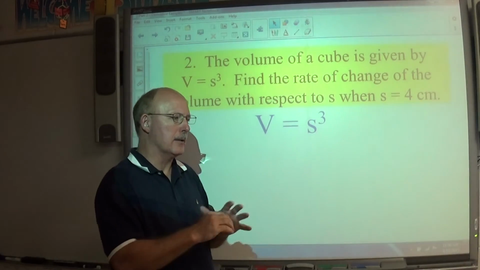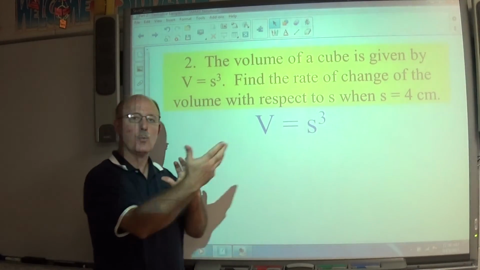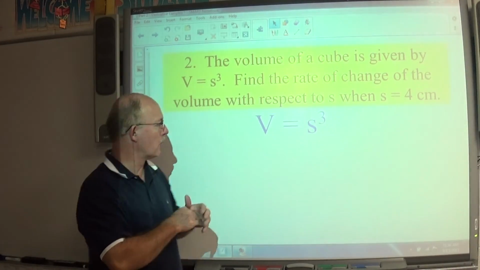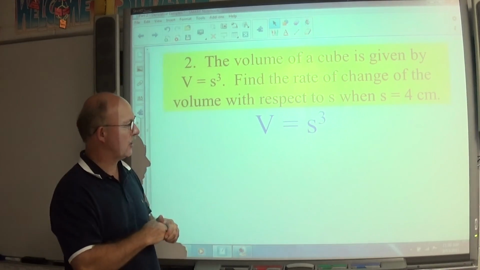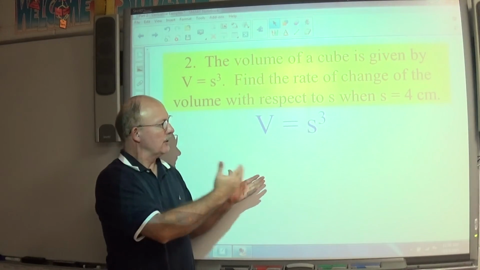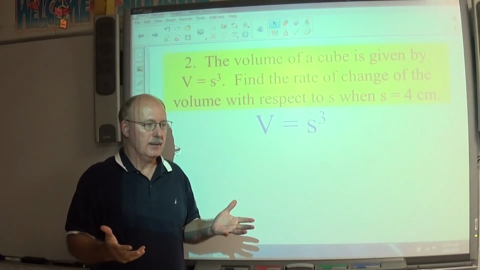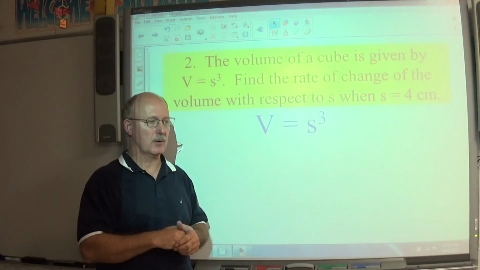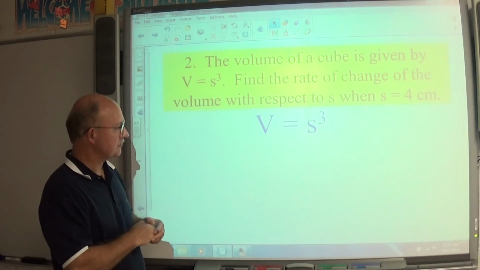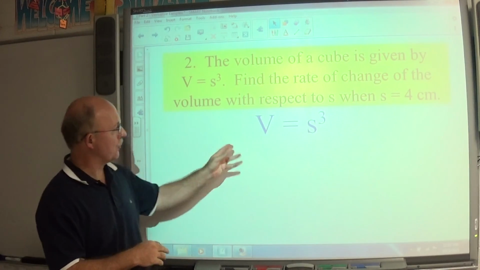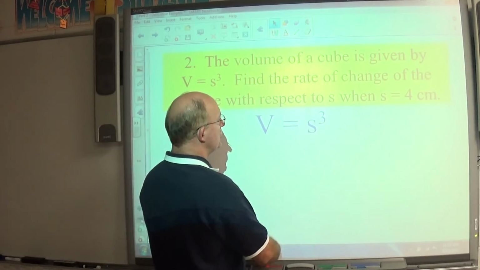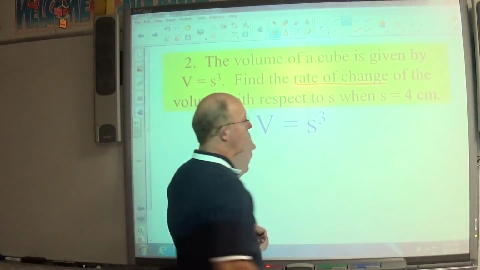This is kind of odd, because instead of x and y, now we're working with v and s. So you'll notice as we go through the course, from time to time we'll have to take the derivative of some of our geometry formulas. All right, so what we have here represents our rate of change. Now, rate of change represents slope.